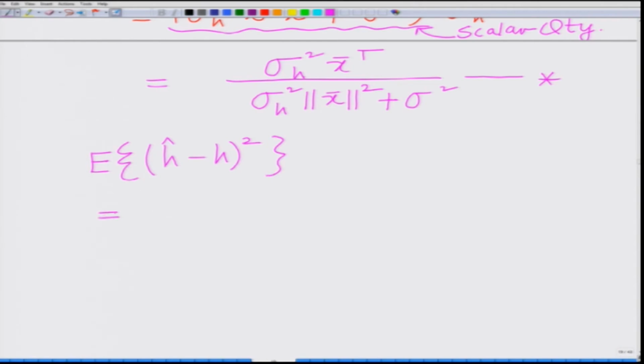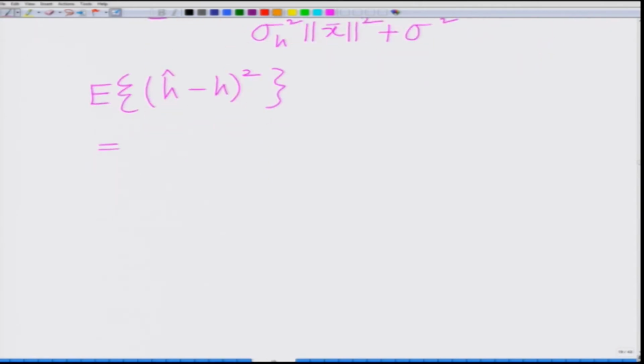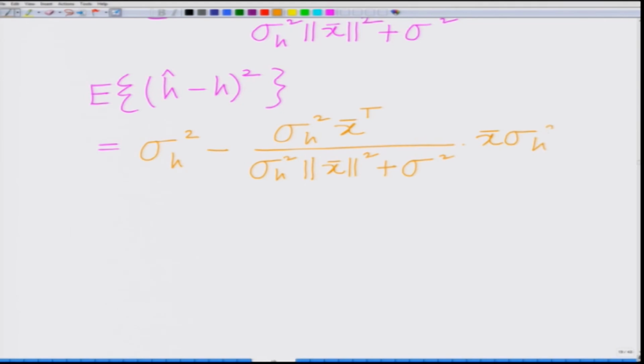So, this is equal to sigma h square minus sigma h square x bar transpose divided by sigma h square norm x bar square plus sigma square, into x bar sigma h square, which is equal to sigma h square minus sigma h to the power of 4.